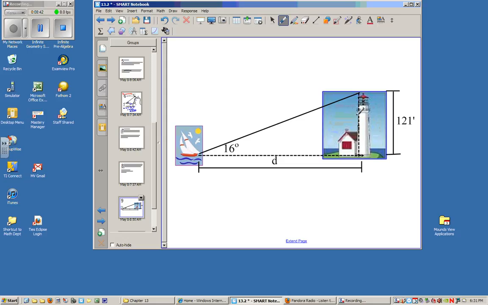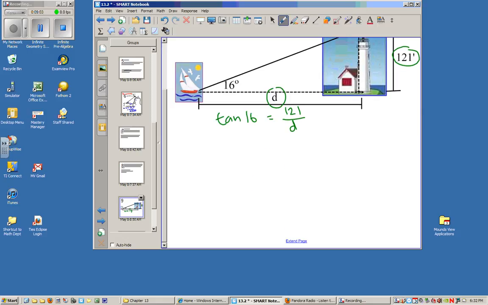We want to solve this using either sine, cosine, or tangent. Our lighthouse is our opposite side. This distance from our lighthouse is going to be the adjacent. So again, we need to use tangent. Tangent of 16 equals opposite, which is 121, over this distance d. Solving for d here, we've got to multiply by d on both sides of our equation.